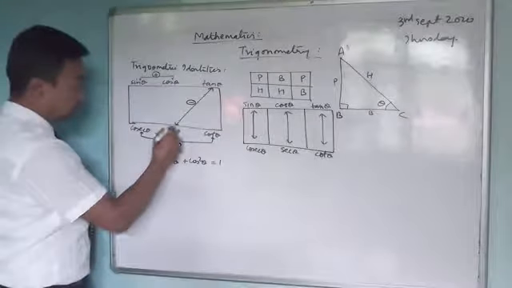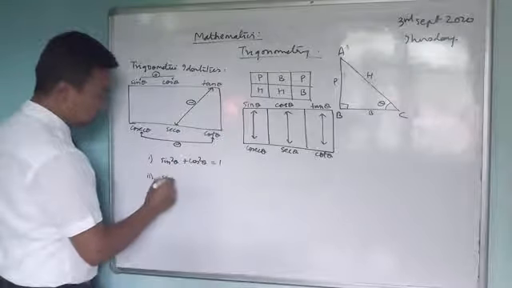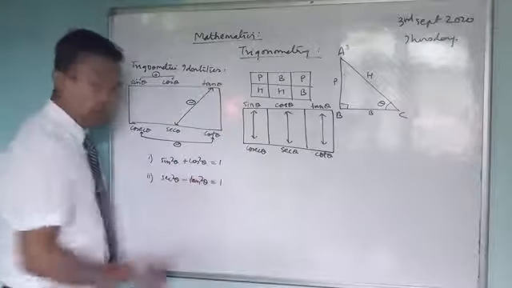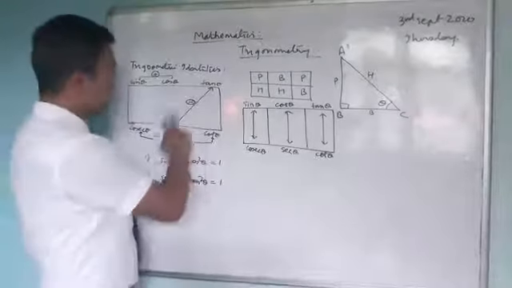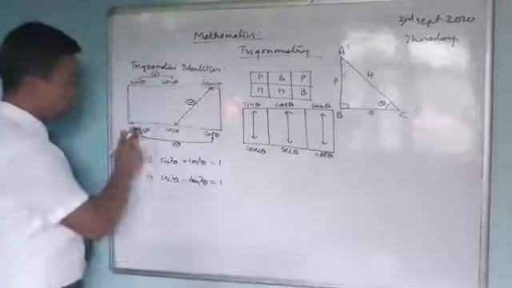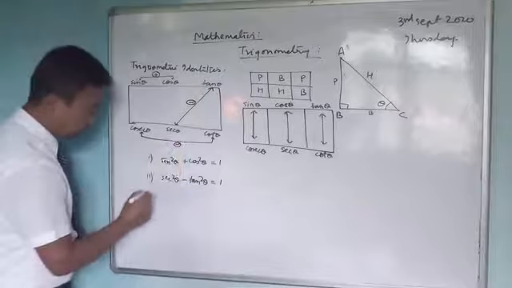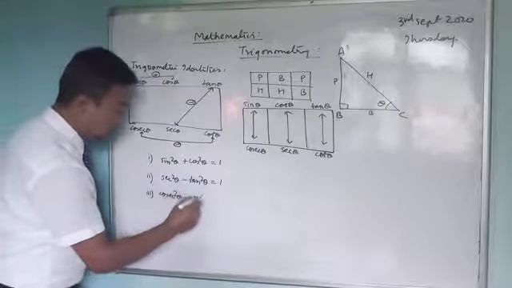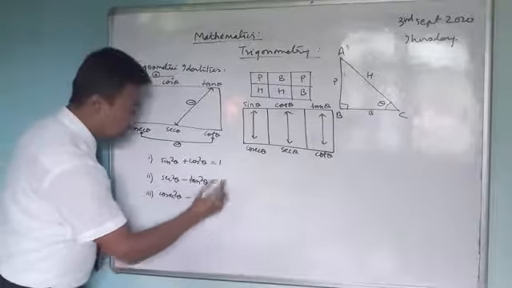Then let us take the second one, sec square theta minus tan square theta equals 1. Because they are far, we have used minus. And what is left now? The third one, cosec square theta minus cot square theta equals 1.